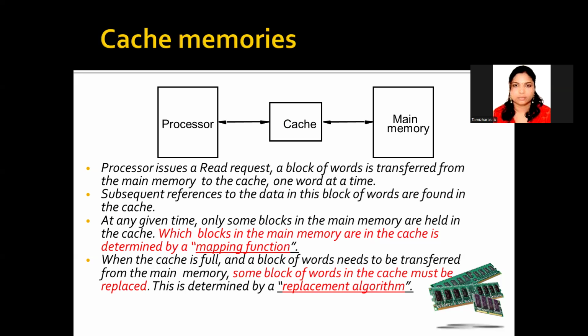There are three approaches for mapping the data from the main memory to the cache memory: direct mapping, associative mapping, and set associative mapping. Using these techniques, data can be loaded from the main memory to the cache memory.